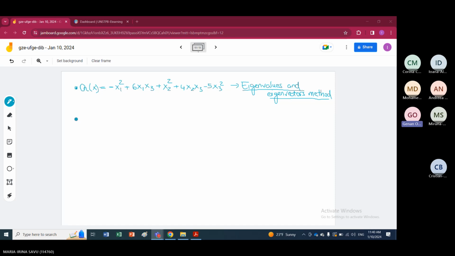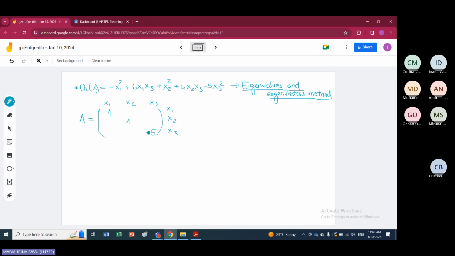First of all, you have to find the matrix. Tell me first the elements on the main diagonal. On the main diagonal, you have minus 1, 1, and minus 5.